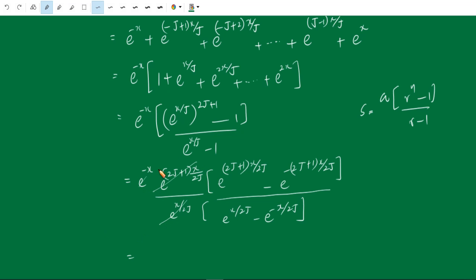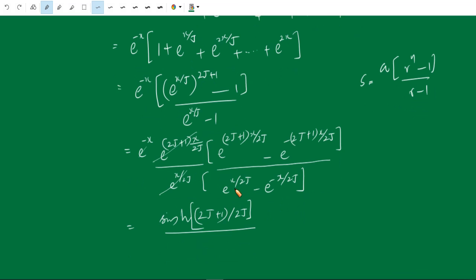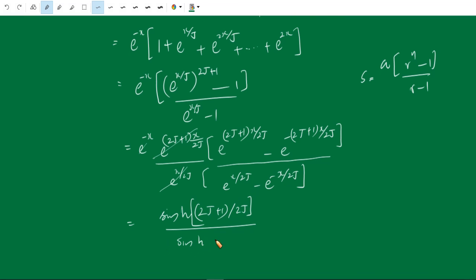Okay, so this is nothing but sinh of (2j plus 1) x divided by 2j, divided by 2 sinh of x by 2j. Okay, so this is the single particle partition function.